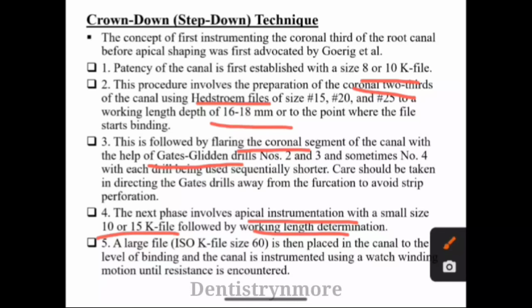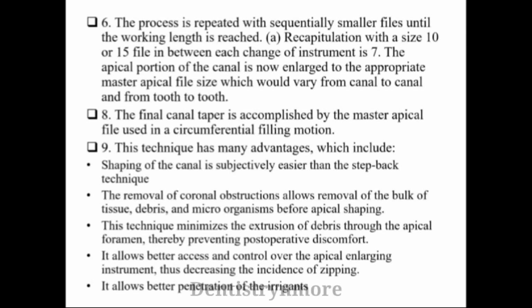After that, a large K file, that is size 60, is placed into the canal to the level of binding, and the canal is instrumented using a watch winding motion until resistance is encountered. After that, the process is repeated with subsequently smaller files until the working length is reached, with recapitulation with a size 10 or 15 K file in between each change of instrument.